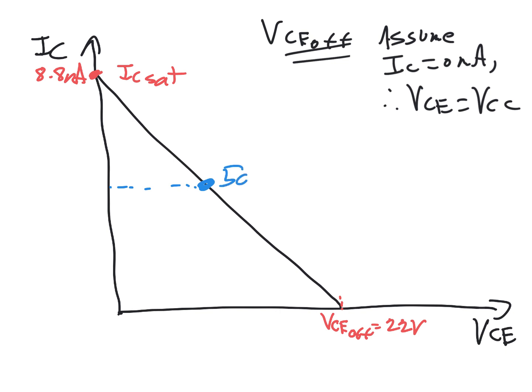If the Q point was at middle, VCE would be half VCE off, and IC would be exactly 4.4 milliamps, or 1/2 IC SAT.